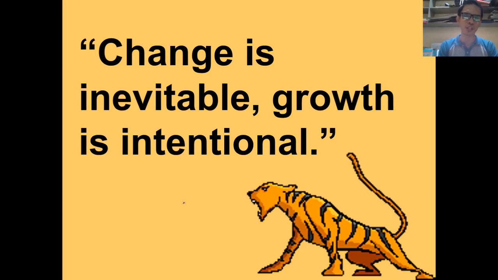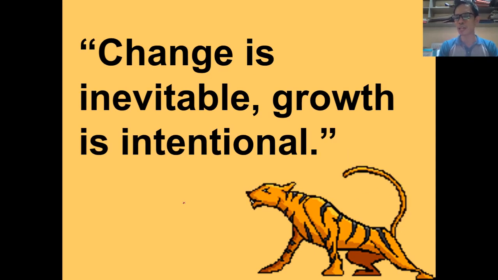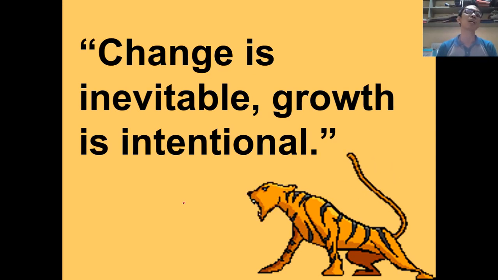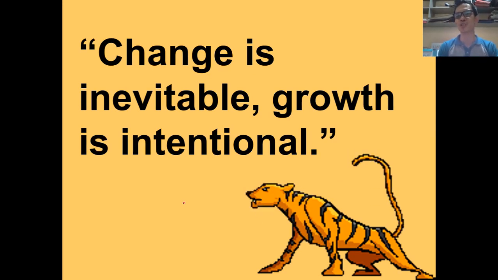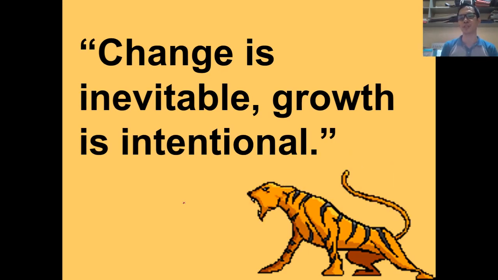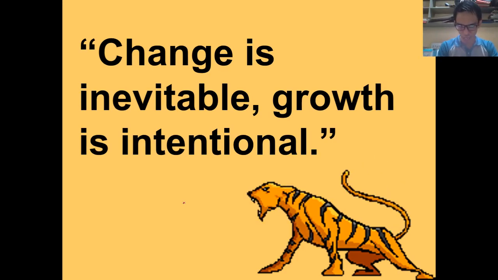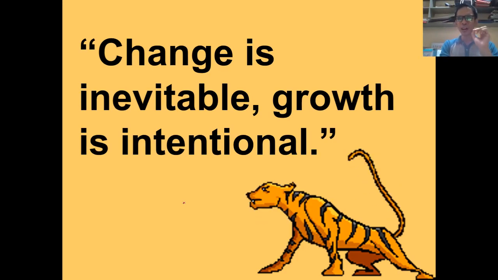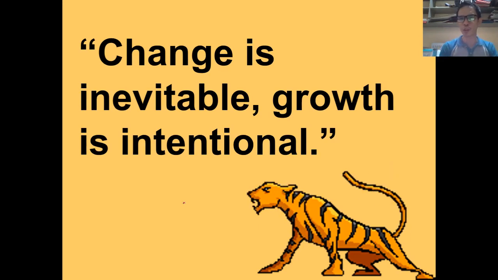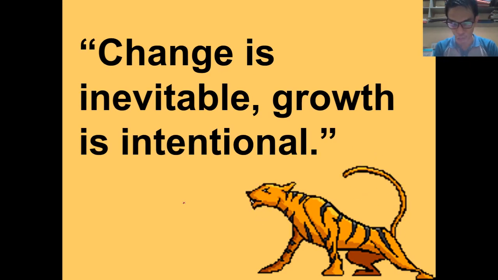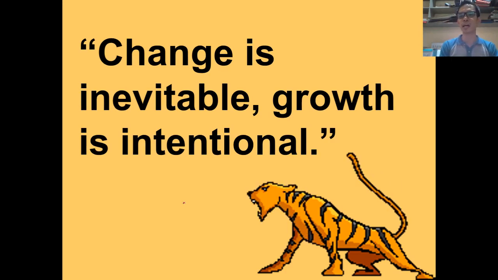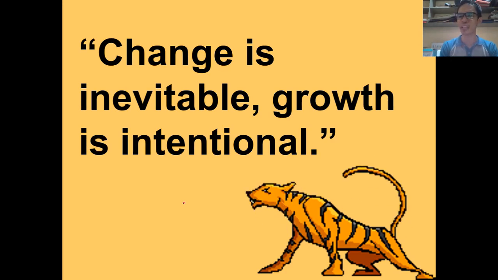Okay, so with that, those were the theories of evolution that give us ideas about evolutionary change in organisms, on how organisms tend to change over time, and for what reason they change. Before I end this video, I will end with a quote: "The change is inevitable, and growth is intentional." So we cannot stop change.